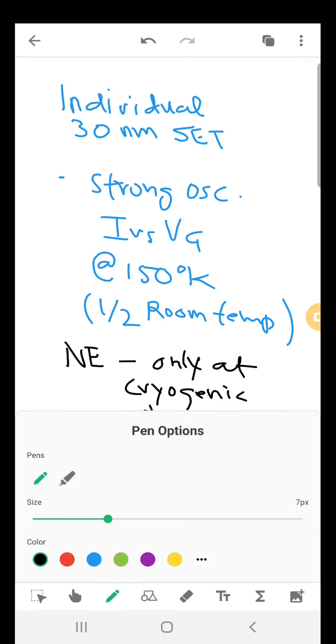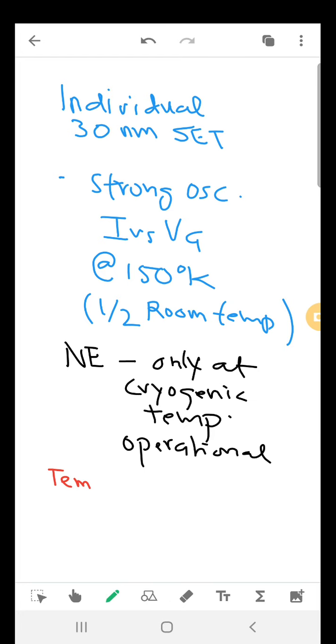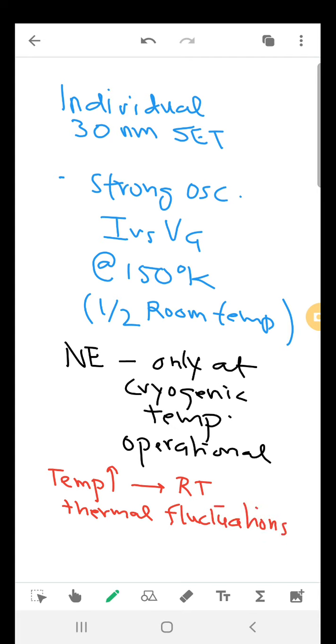So when you are increasing the temperature, that means taking it towards room temperature, there are thermal fluctuations, and random thermal motion provides electrons with small additional energy to move on and off the island.